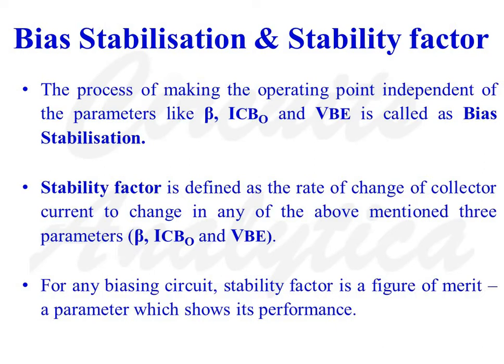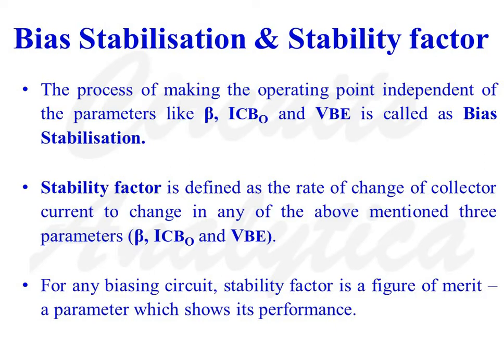Now let us discuss what is bias stabilization and stability factor. The process of making the operating point independent of the parameters like beta, ICBO, and VBE is called bias stabilization.